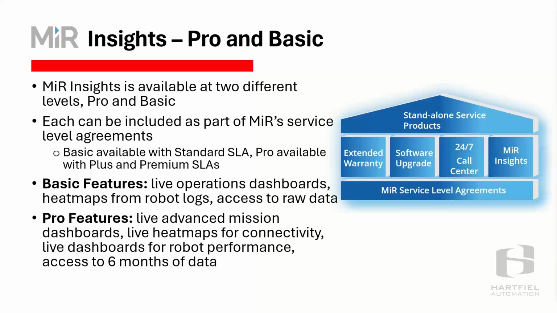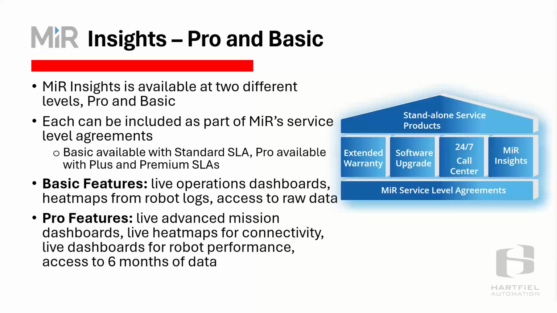The features that are included in the Basic MiR Insights are live operations dashboards, access to heat maps from uploaded robot logs, and access to the raw data itself so that you can dive into those specific metrics and find the metrics that are important to you.